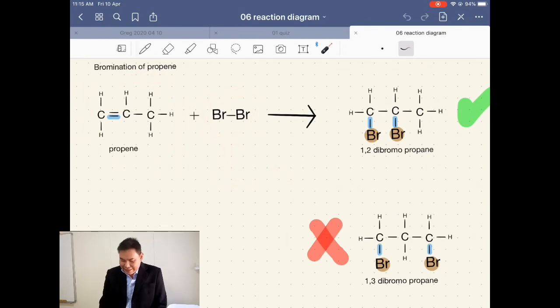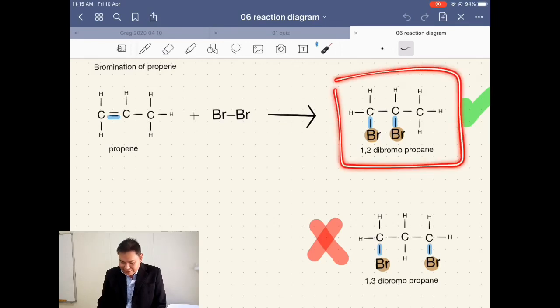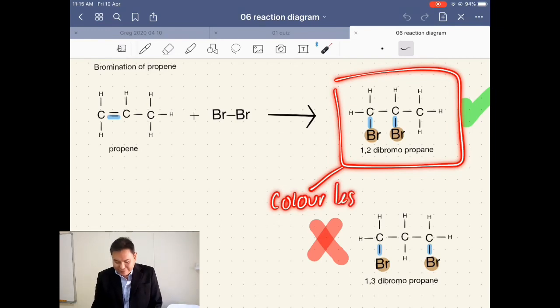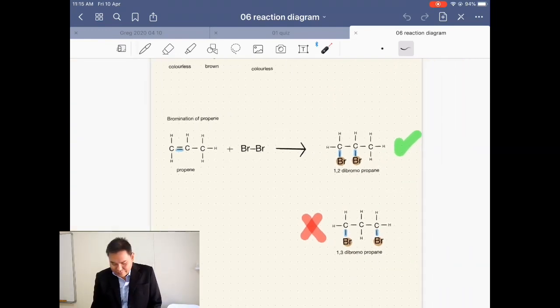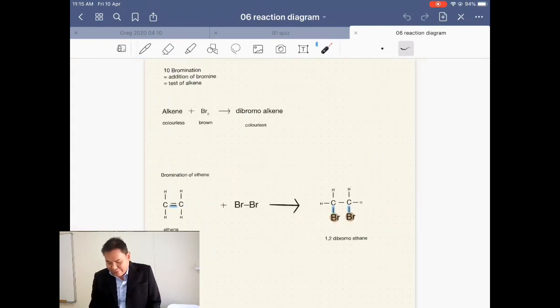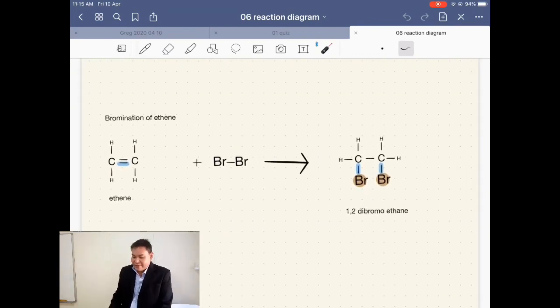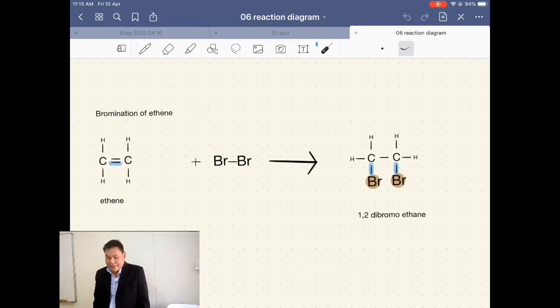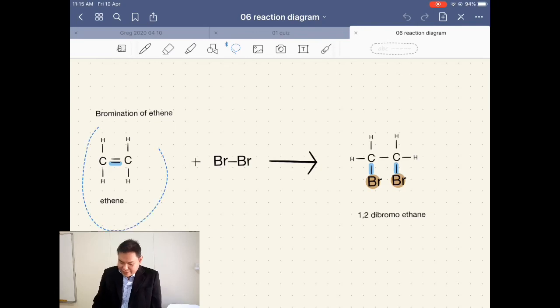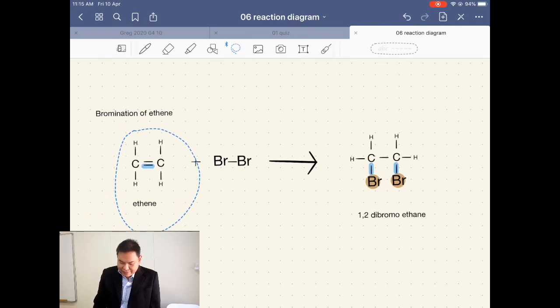Okay. This is another example, ethene with 2 carbons. If you react that with bromine, then you get 1,2-dibromoethane. That is reaction number 10 for bromination.